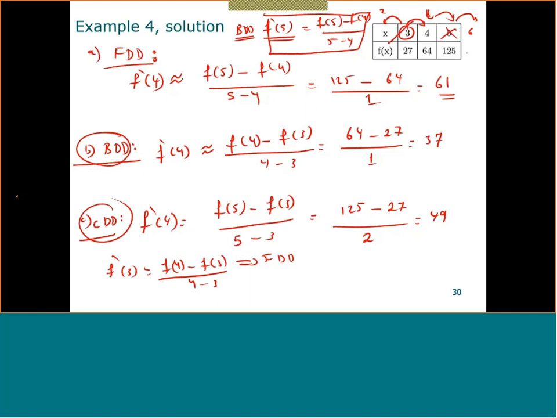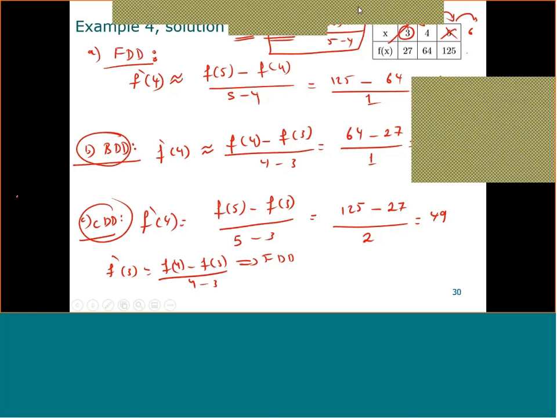Let me see if there are any questions here. You mentioned we cannot calculate f prime of 3.5. I was thinking, can't we use CDD with f of 4 and f of 3? Okay, this is a very, very good question.